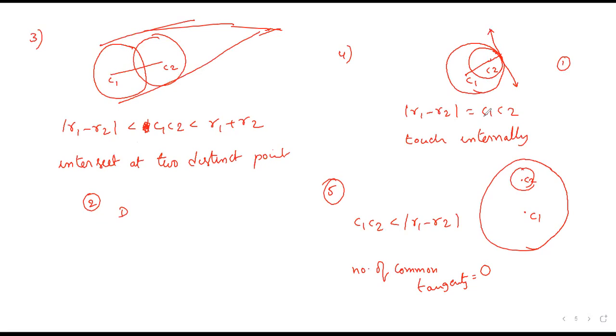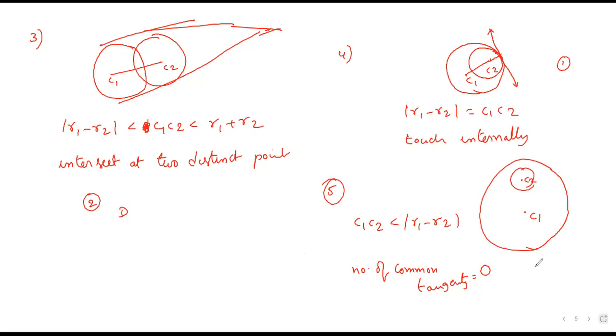Next, touching internally means C1C2 equals mod R1 minus R2. In this case, we get only one common tangent, that is a direct common tangent. Next, if C1C2 is less than mod R1 minus R2, then one circle lies entirely in the other. In this case, the number of common tangents is zero.